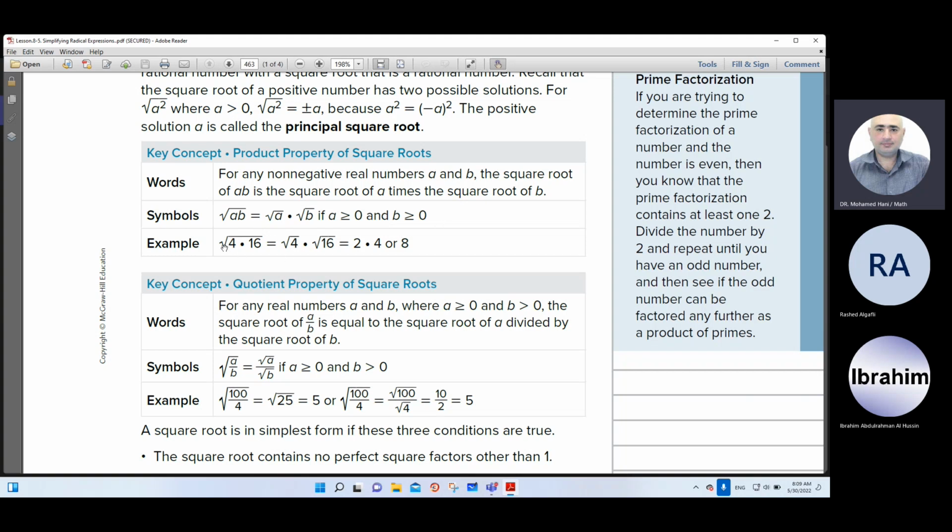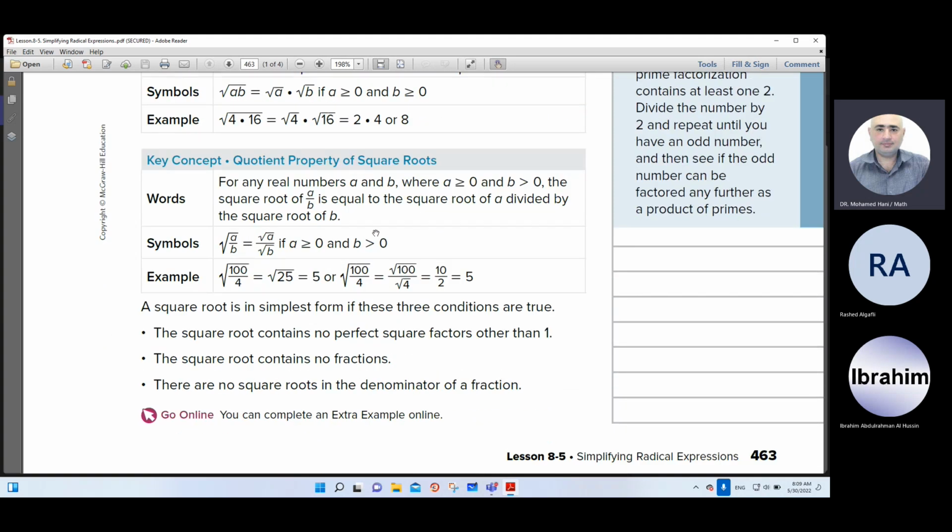For example, if you have the square root of 4 times 16, you can write the square root of 4 times the square root of 16. The square root of 4 is 2 and the square root of 16 is 4. 2 times 4 equals 8.